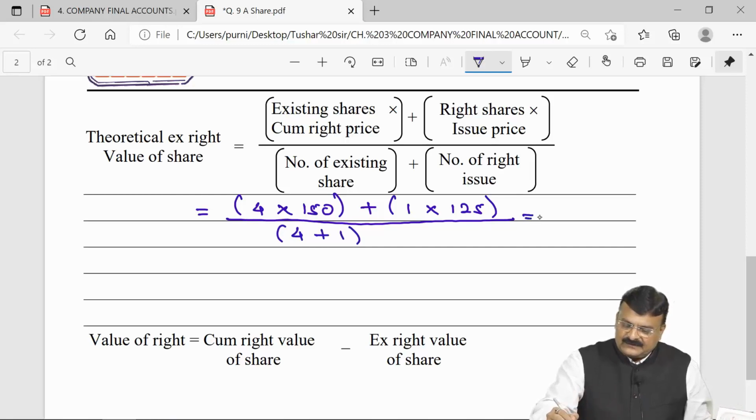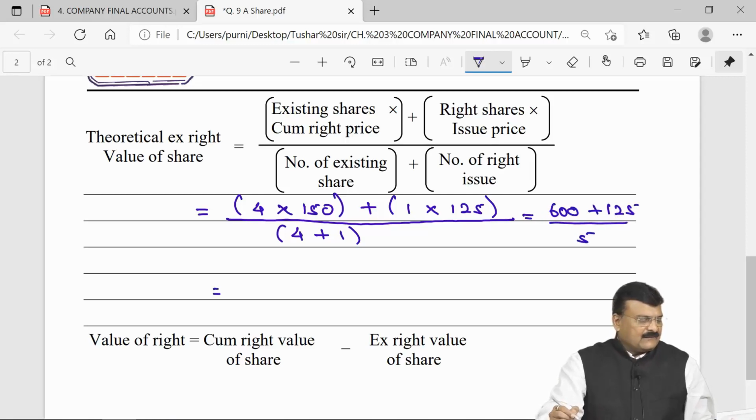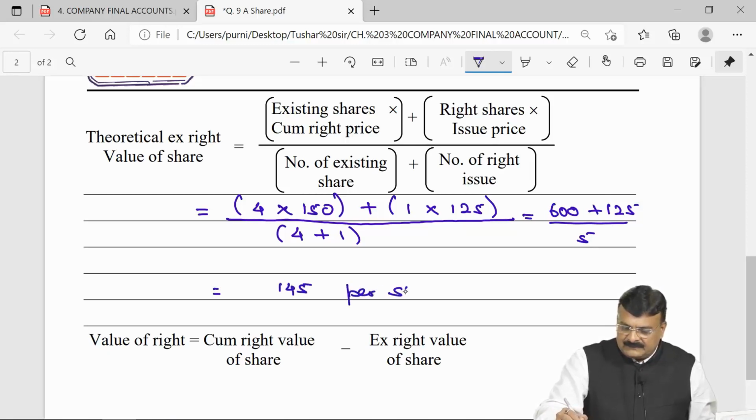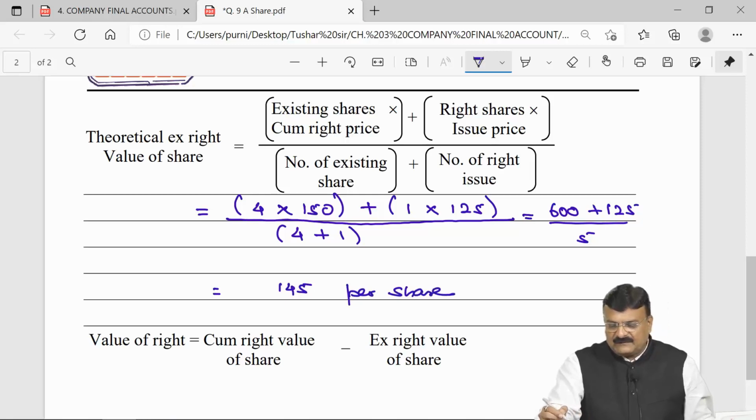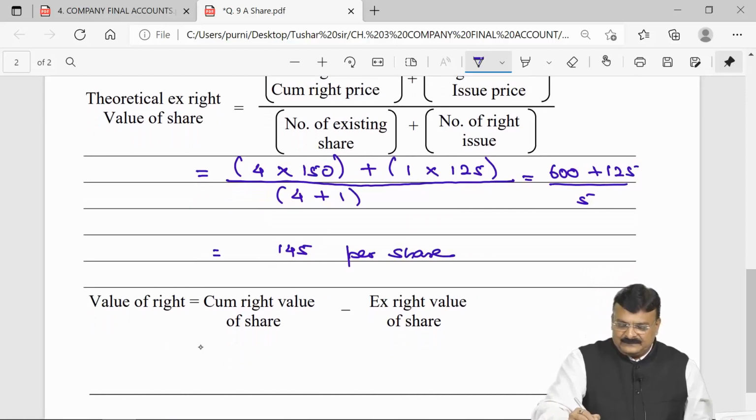Simplifying that, this is 600 plus 125 divided by 5. So that gives you rupees 145 per share.